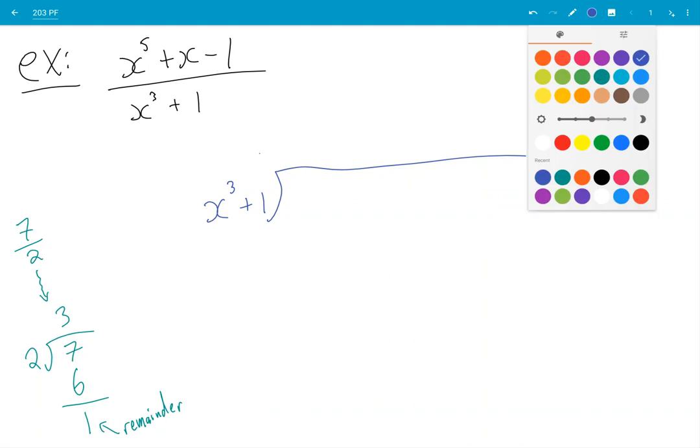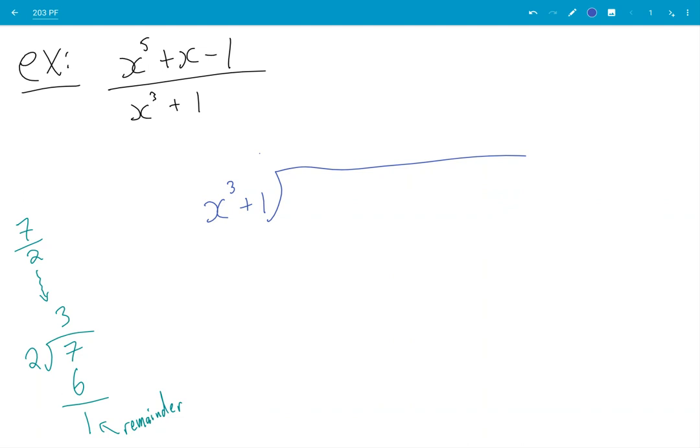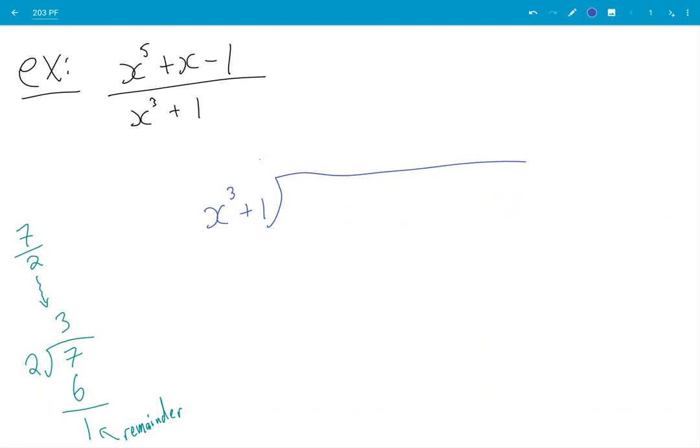For my numerator, I'm going to do something a little bit different. I'm going to notice that there are some terms missing here. I have x to the 5, but I don't have an x to the 4 term. So I'm going to insert it with a 0 in front. Likewise, 0 x cubed, 0 x squared plus x minus 1.